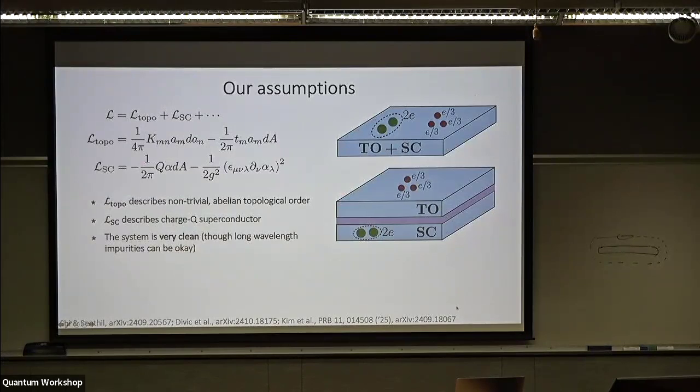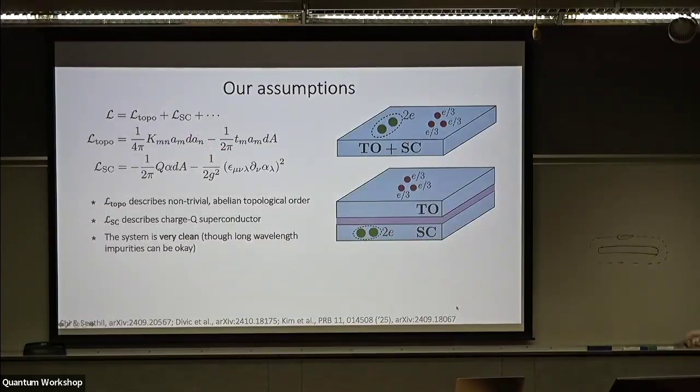So this is something that's describing a non-trivial abelian topological order. Of course, all of these values, K_MN is sort of defining the braiding of the anyons, and T_M here is giving you the charge. These all have to be integers again for gauge invariance.